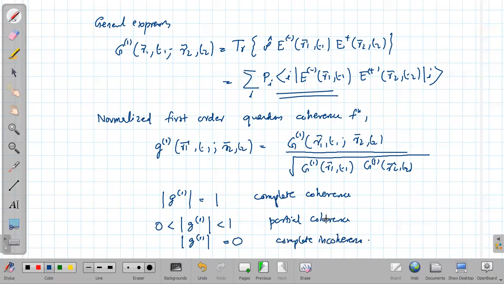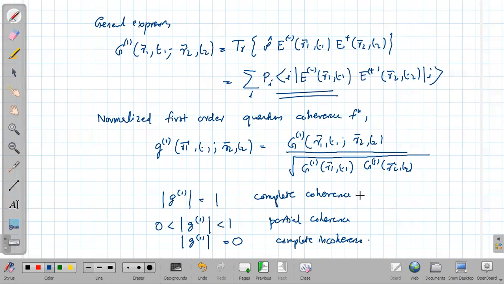And this complete coherence, we can connect to factorization as well. If we can factorize the average of E minus E plus into the average of E minus times the average of E plus, then we get complete coherence.